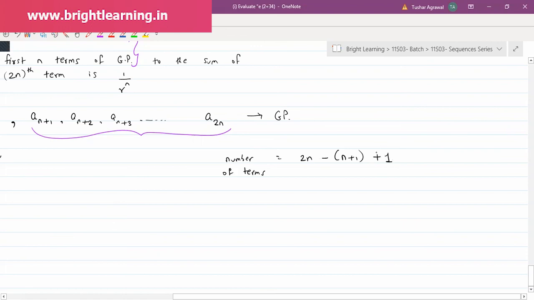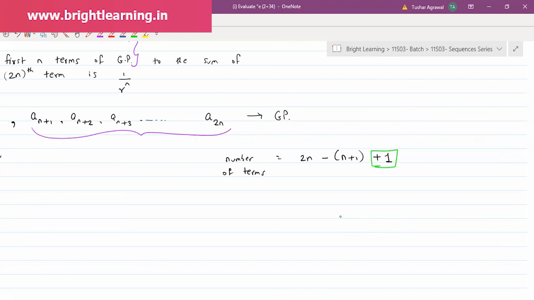This is very crucial. It is something like, I tell you, how many numbers are there from 10 to 15? We generally have the feeling that from 10 to 15 there are 5 numbers.